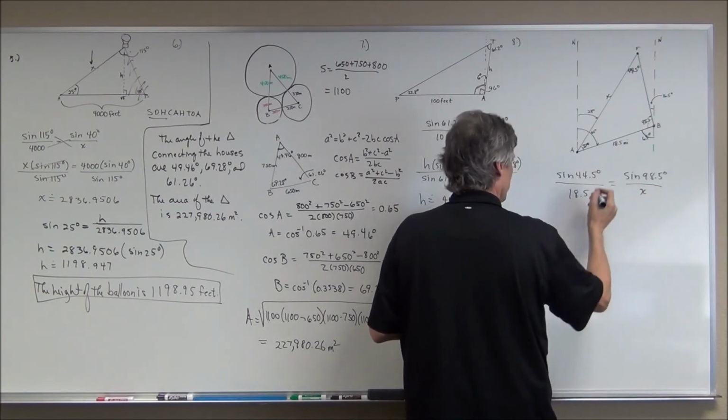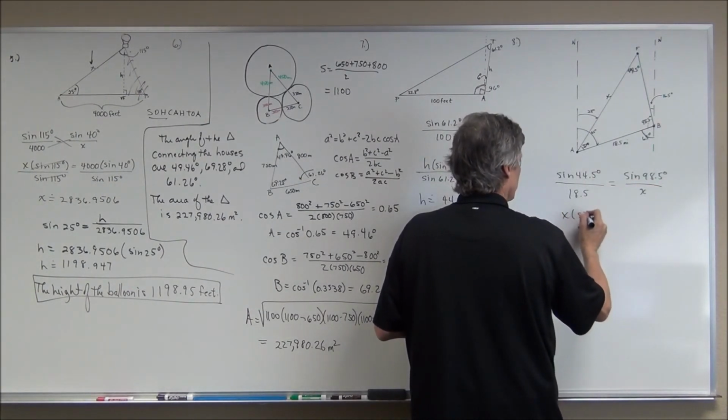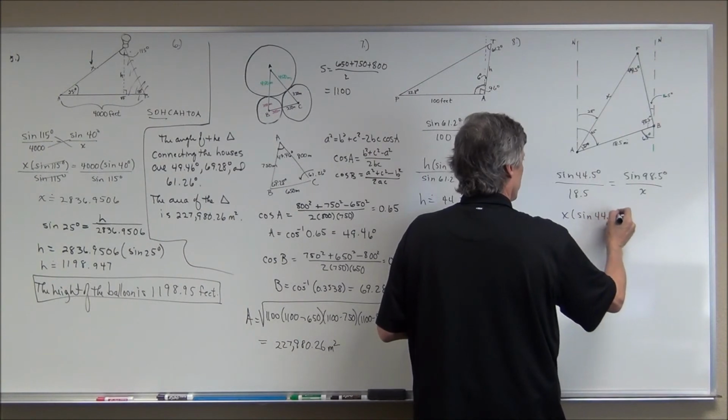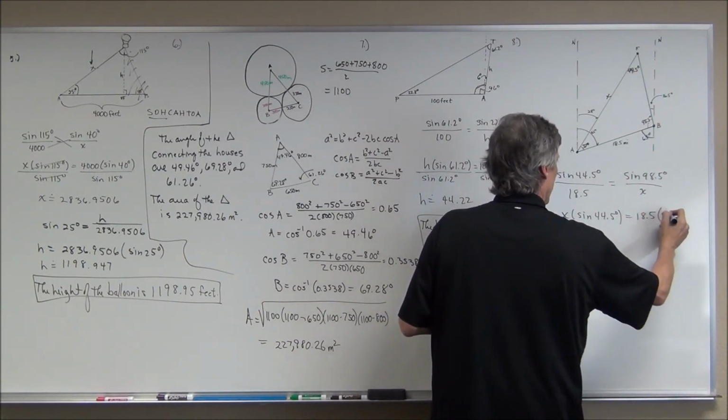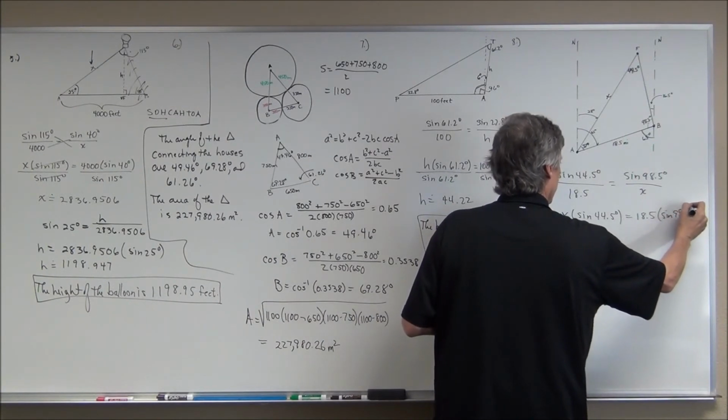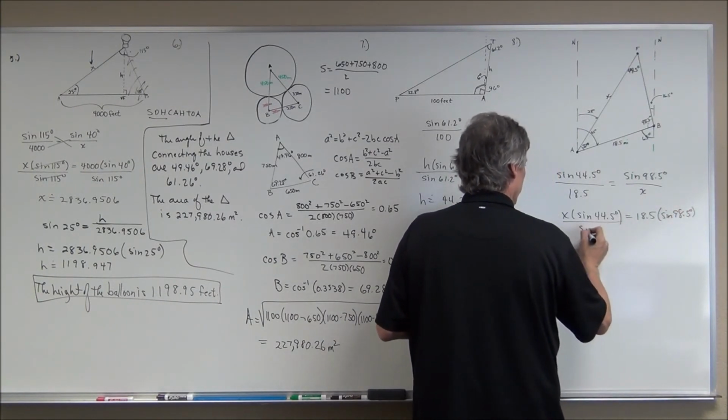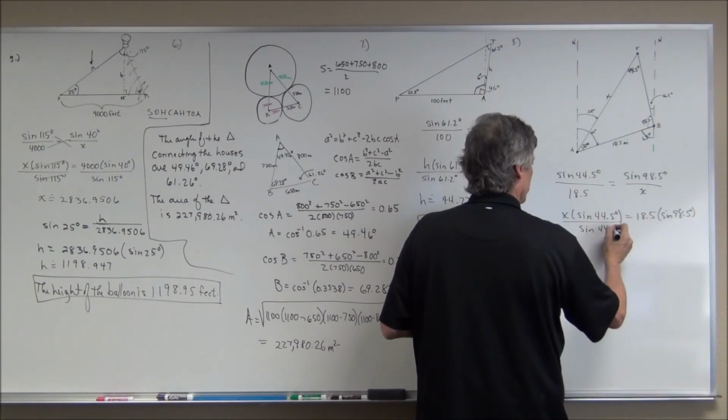And I'm solving for x, so I cross multiply. X times the sine of 44.5 degrees is equal to 18.5 times the sine of 98.5. Okay, I divide both sides by the sine of 44.5 degrees.